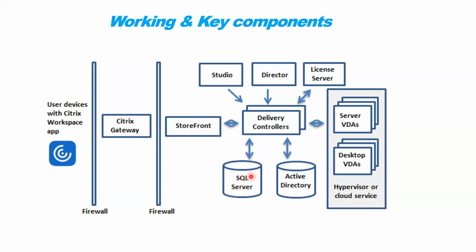The SQL server will provide some data to the delivery controller, then the delivery controller forwards the request to the hypervisor, like, this particular user is asking to turn on those particular resources, like desktop or application. Once all that process completes, the delivery controller shares the data with the StoreFront server, and after successful validation, the StoreFront server will show the applications and desktops visible for that user on the very next screen.